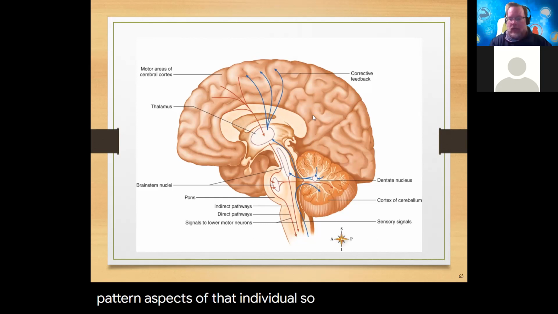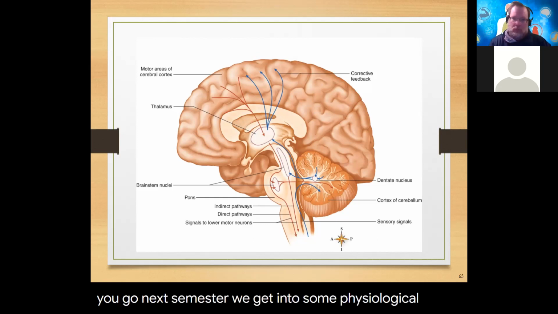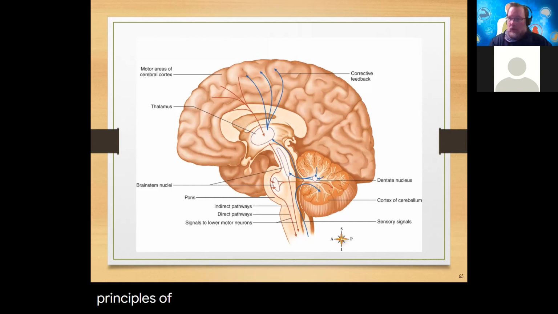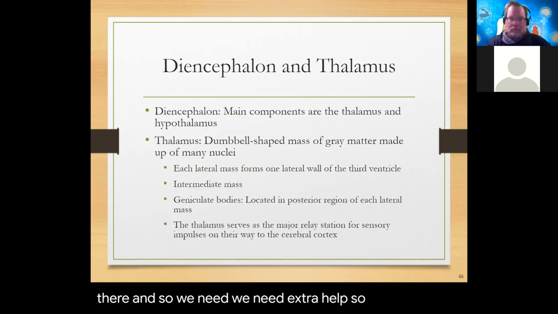So keep that in mind as you go. Next semester, we get into some physiological principles of the nervous system, of how some of these drugs work, how they affect different neurotransmitters that we're producing, and how they sometimes just aren't there, and so we need extra help. So anyway.